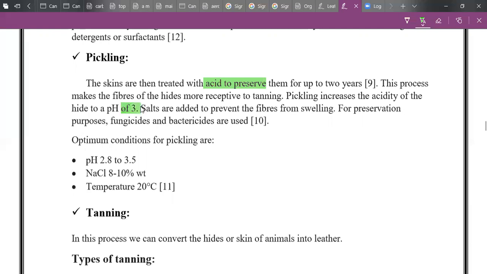Salt is added to prevent the fibers from swelling. For preservation purposes, fungicides and bactericides are used. The optimum conditions for pickling are pH 2.8 to 3.5, 8 to 10% weight NaCl, and temperature 20 degrees.